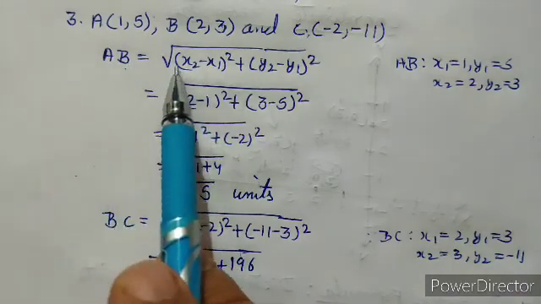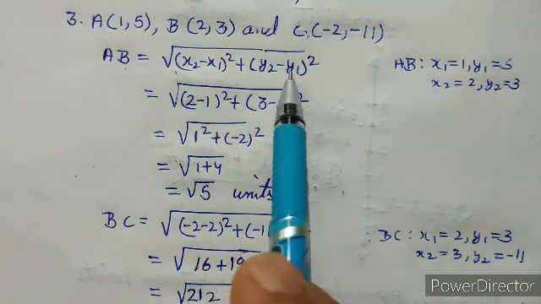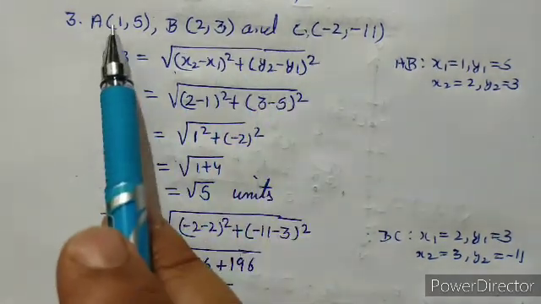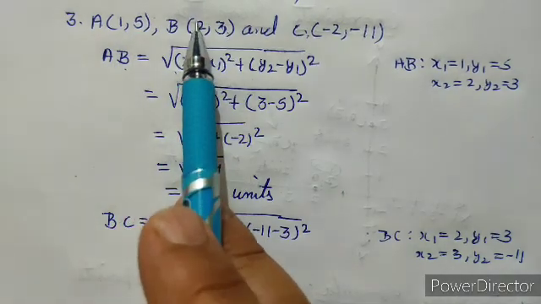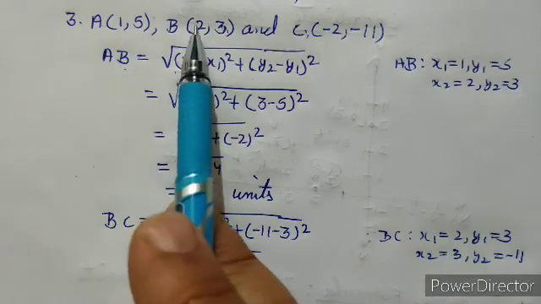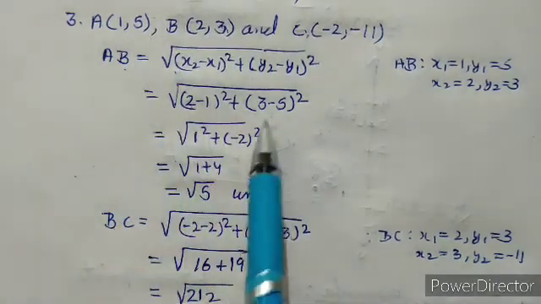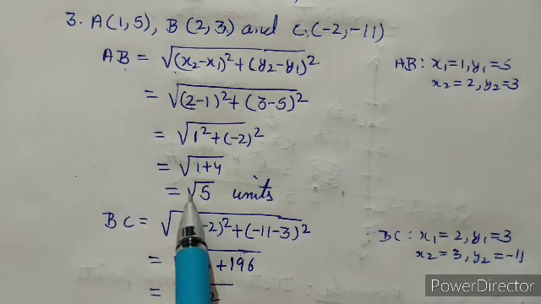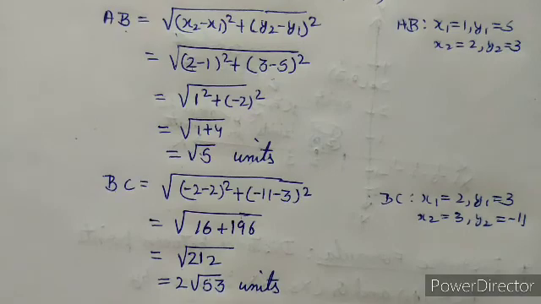that AB will be equal to under root (x2 minus x1) square plus (y2 minus y1) square, where x1, y1 are the coordinates of A and x2, y2 are the coordinates of B, and that will be equal to (2 minus 1) square plus (3 minus 5) square, and that will give us AB as root 5. Now BC.